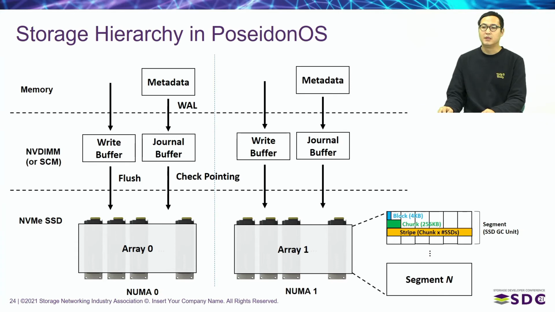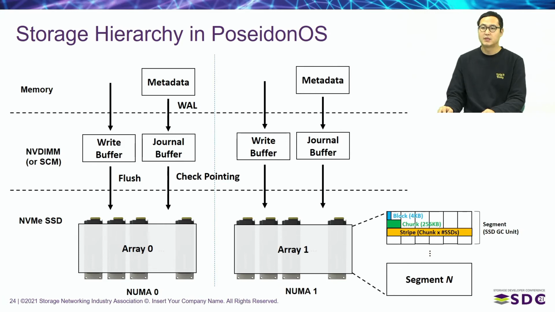This allows minimizing UPI transactions and spending more CPU cycles on storage services. In the memory layer, Poseidon OS stores its metadata just like other systems. And in the NVDIMM layer, you can see the write buffer and journal buffer. The write buffer is for shortening write latency and making SSD friendly writes. And the journal buffer is for protecting user data in case of sudden power off.